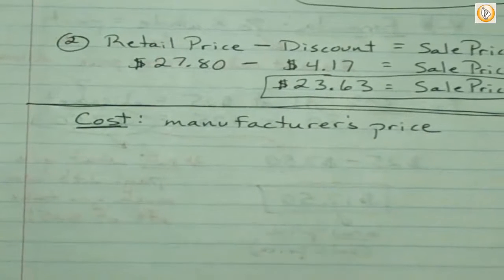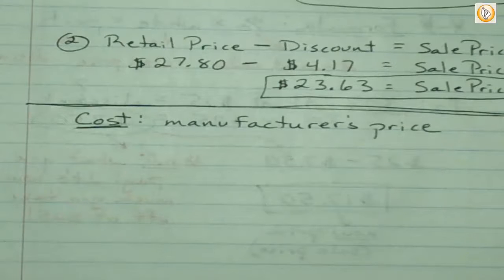For example, you go to Academy. Academy sells Nike shoes, or Adidas or like that. They didn't make the Nike shoes.